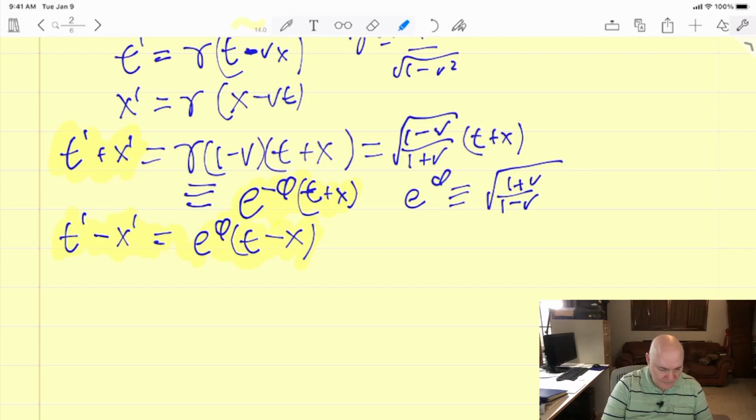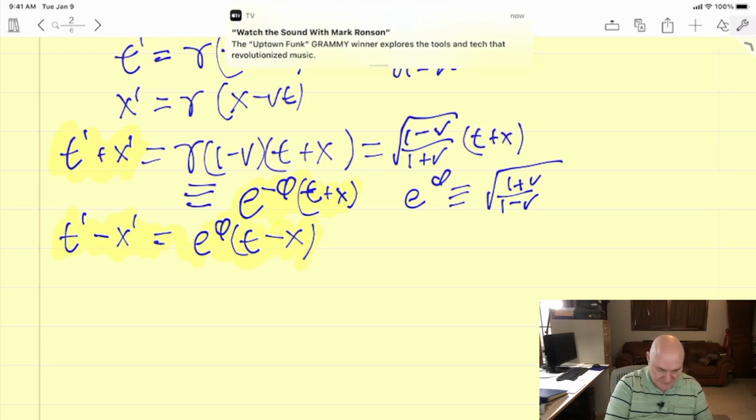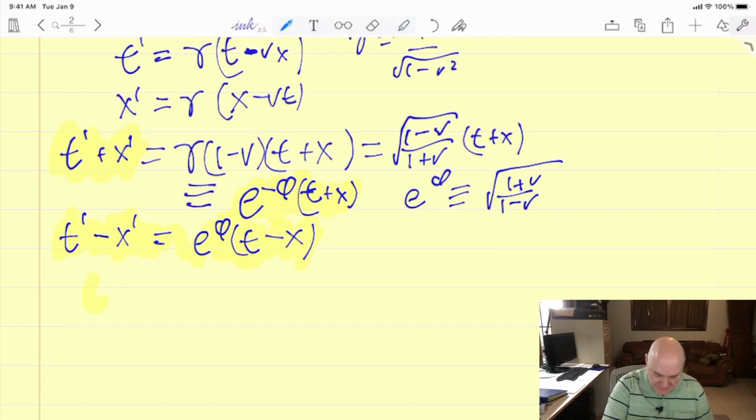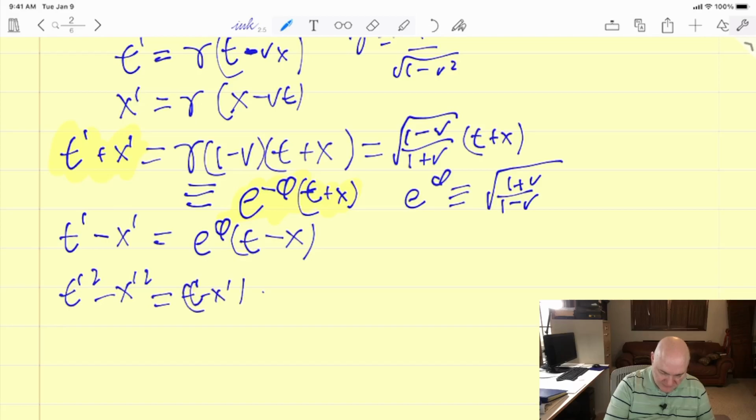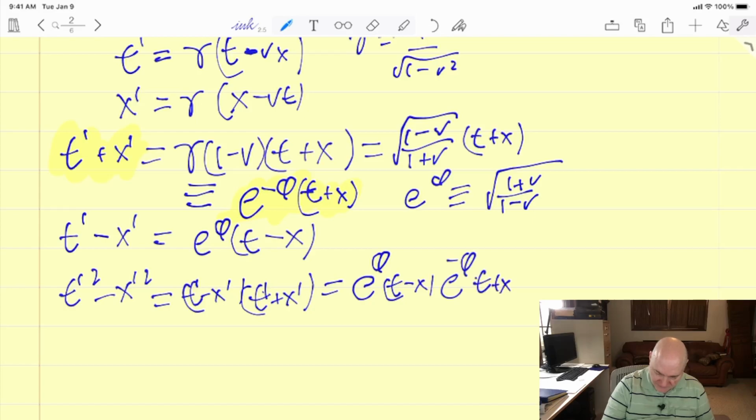Now, you can see immediately that t prime squared minus x prime squared is equal to t prime minus x prime times t prime plus x prime, which is equal to e to the phi times t minus x times e to the minus phi times t plus x, which is equal to t squared minus x squared.